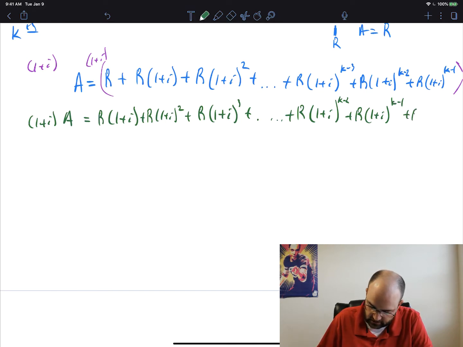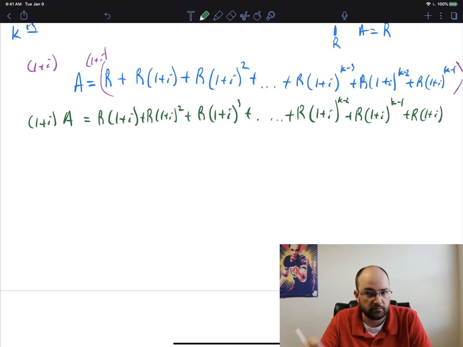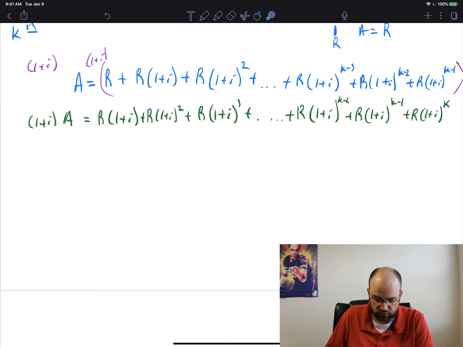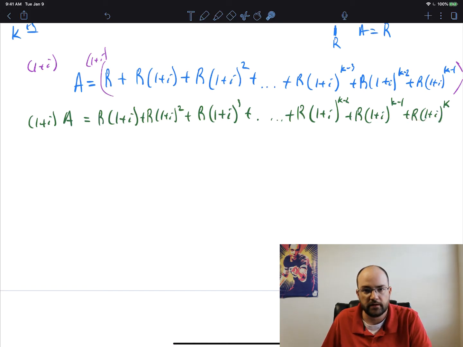And then plus R times 1 plus I to the K minus 1 plus 1 would be K. Good. Now, why did I do that? Well, frankly, it's because these two are just true. These are the future values. This blue is equal to the blue, and this green is equal to this green.